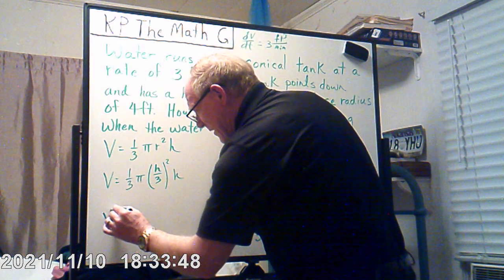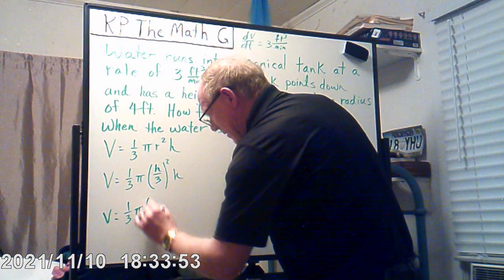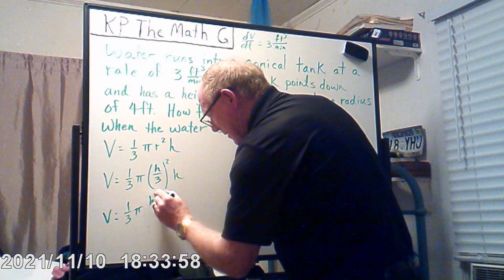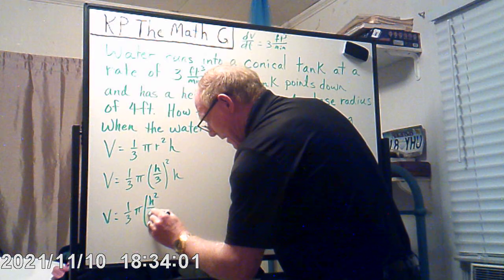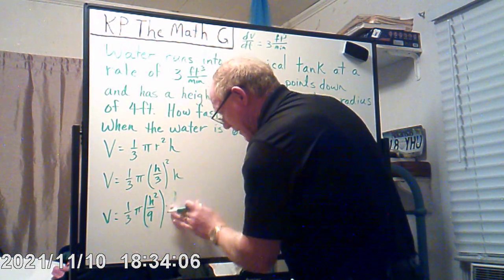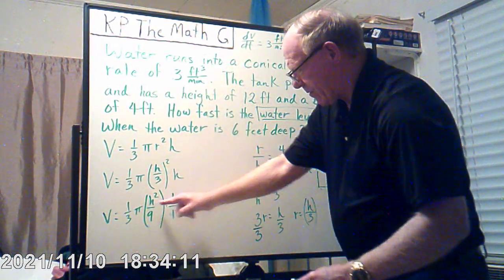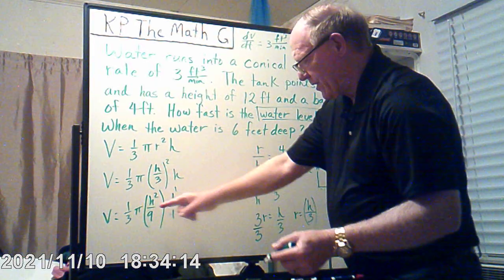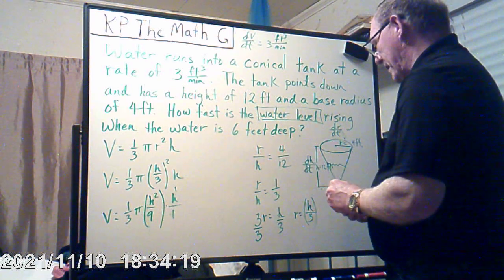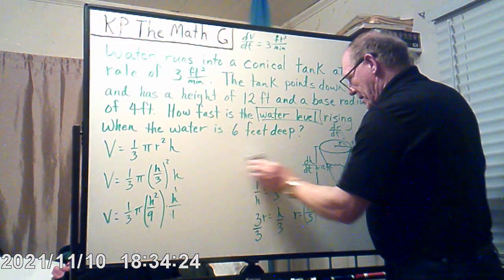V is equal to 1/3 pi, and if we square the H over 3, we get H squared over 9, times H. H squared times H is H cubed. Let's go ahead and erase this part because we're going to need a little room here to do the problem.